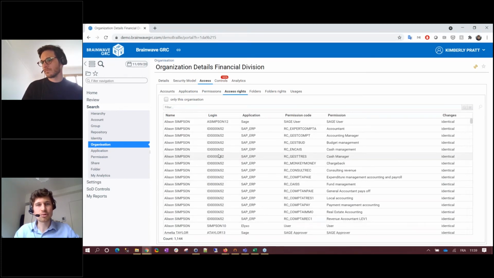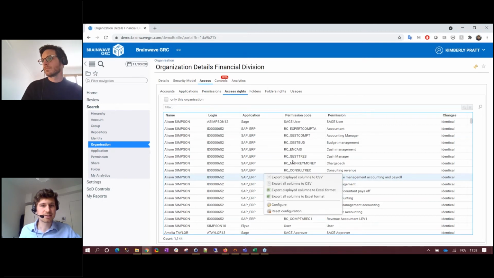Once I have fixed all those control issues, I can reingest the data into my Brainwave tool and check the last and final controls. If I'm comfortable with this list of access to migrate, I can export it through Excel or CSV and provide information to the IAM system for the deployment of this financial division.